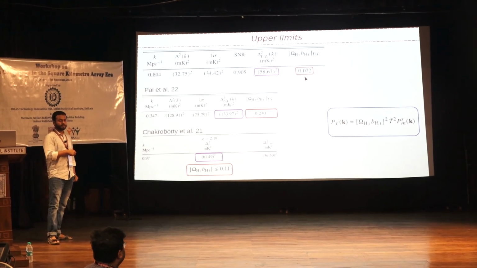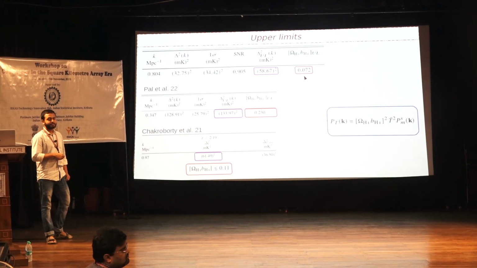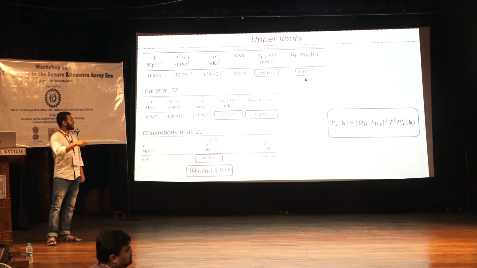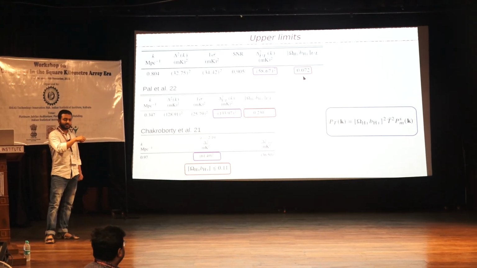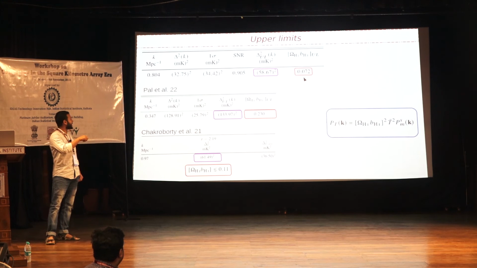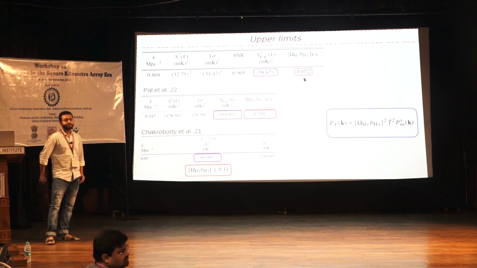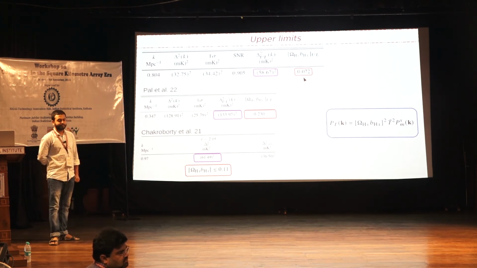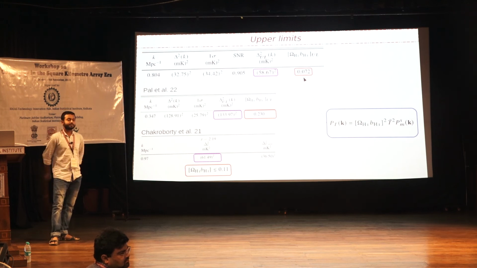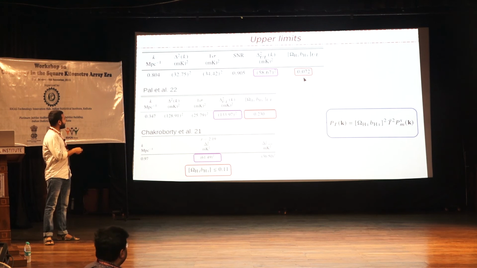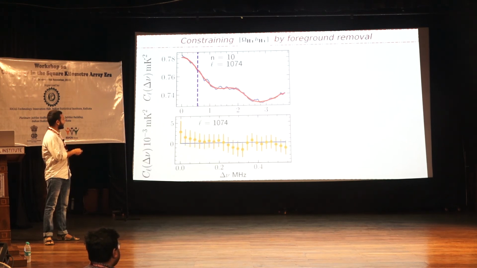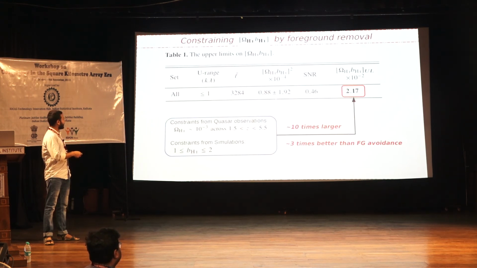But the 21 centimeter signal could be of that order. No, the 21 centimeter signal is much below this. We are saying that we are dominated by noise. But let's say you lower the noise even further. When do you say that you have detected it? Right now we see that we are dominated by noise, and what we are getting is basically zero.